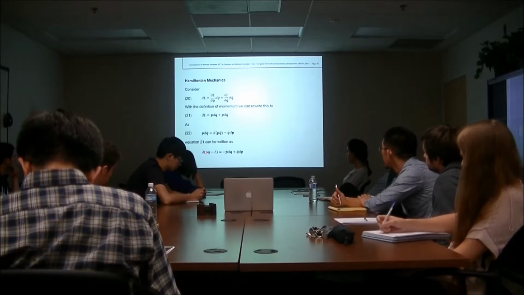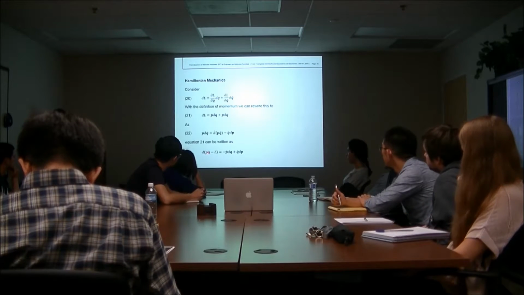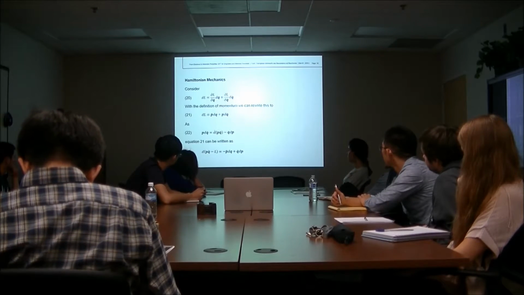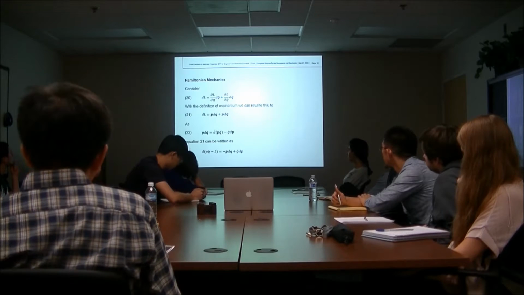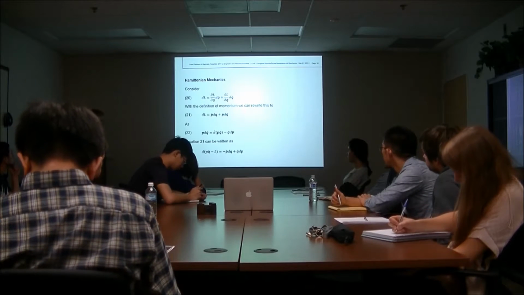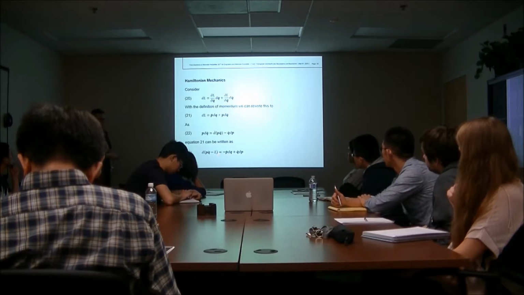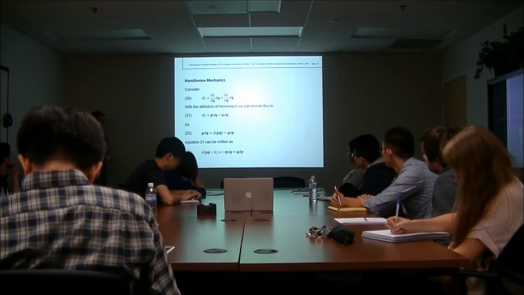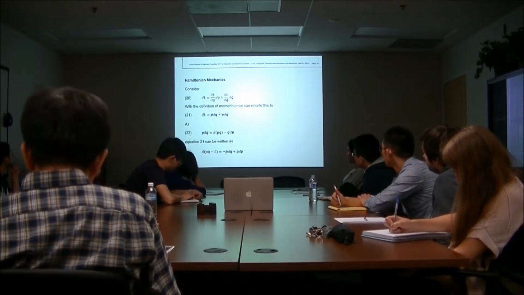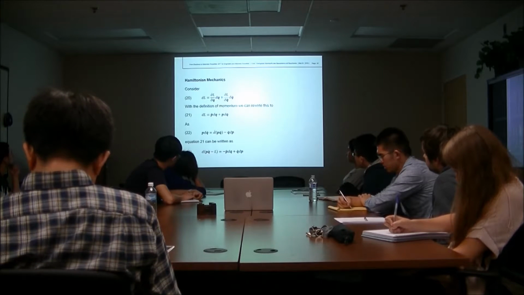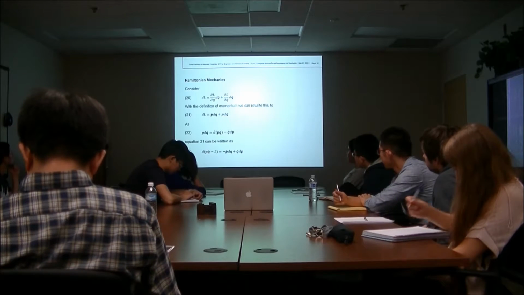This is mv and this is v. So we get mv squared. We subtract our Lagrangian. So this is 2T minus T minus minus V. So it is T plus V. This is the total energy. We can write it like this.